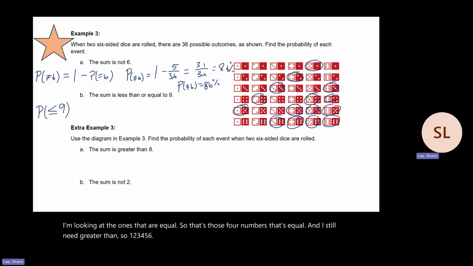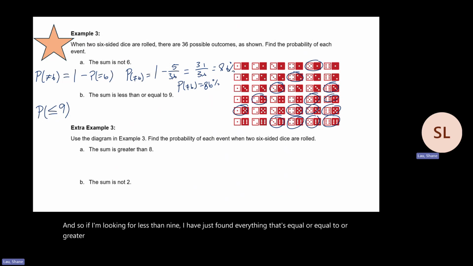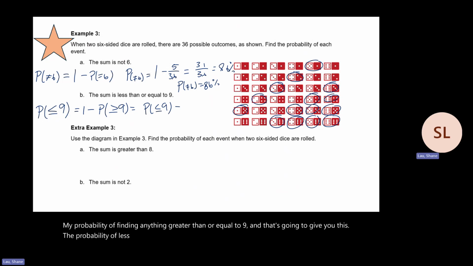And so if I'm looking for less than 9, I have just found everything that's equal to or greater than 9. So I get 1 minus my probability of finding anything greater than or equal to 9. And that's going to give me this. The probability of less than or equal to 9 is equal to 1 minus 10 over 36, which is going to give me 26 over 36.